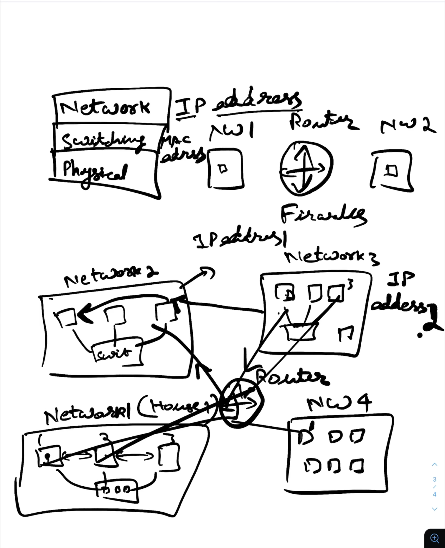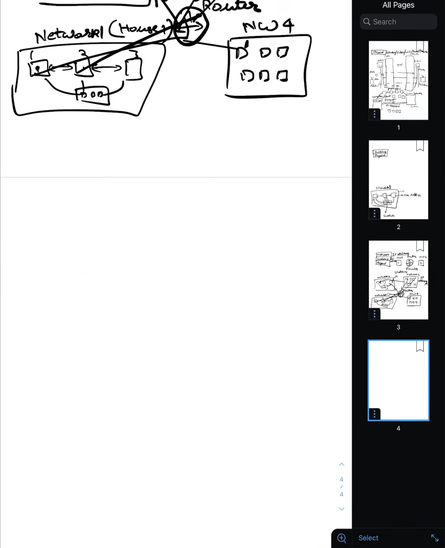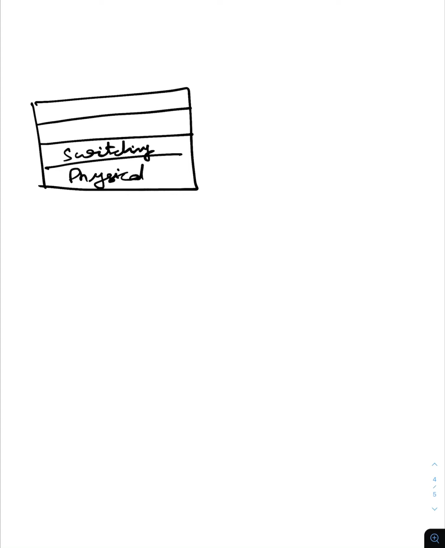And next comes the transport layer. So we talked about physical, which is physical wiring, Wi-Fi, radio signals. Switching is computers talking within the same network.